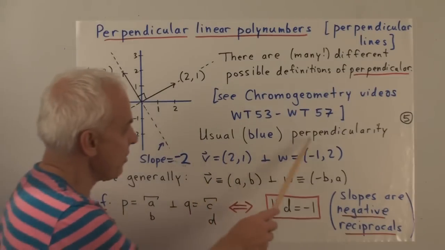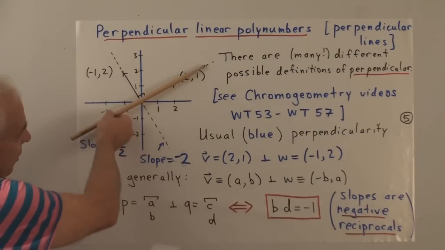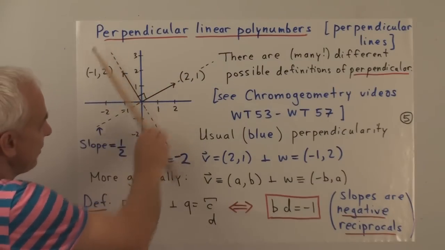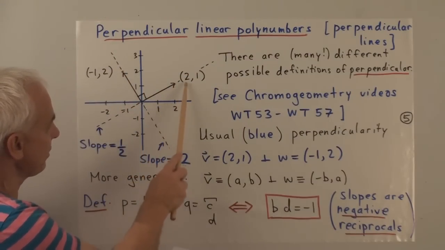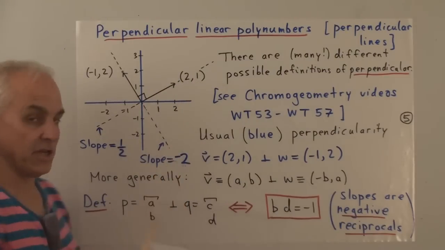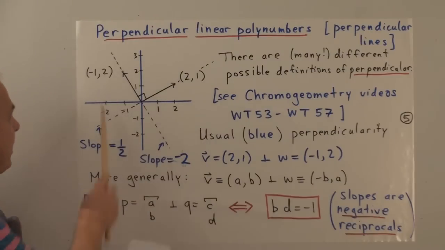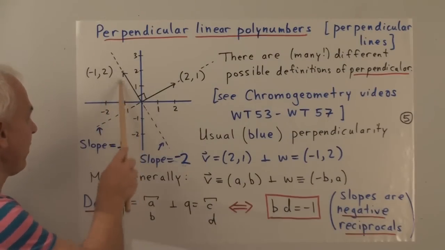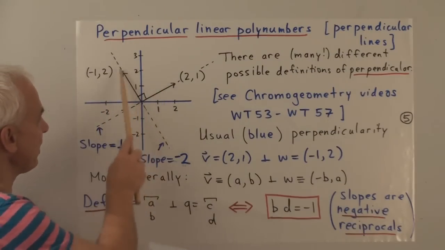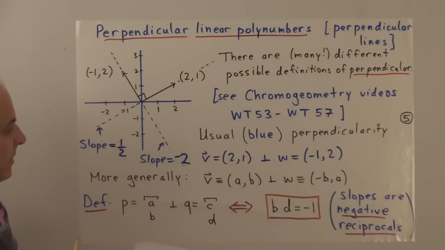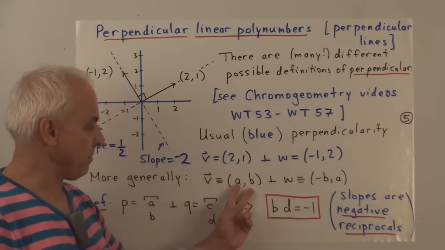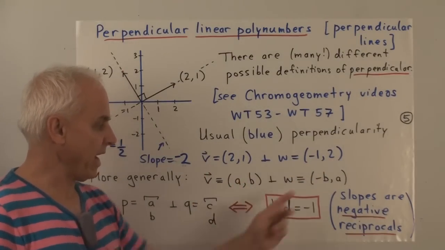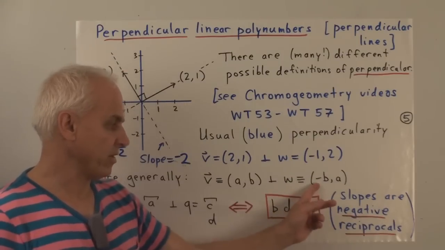So our standard notion of perpendicularity, you'll agree this is perpendicular to this, and if you look at it, this vector here is the vector (2, 1) in round brackets to denote a vector. Here's the vector (-1, 2), and these are perpendicular vectors. More generally, the rule is that to get a vector perpendicular to (A, B), you interchange them and put a minus sign in front of one of them.